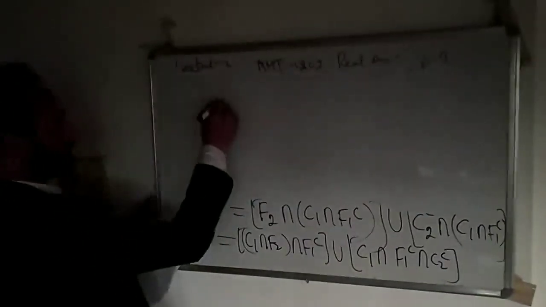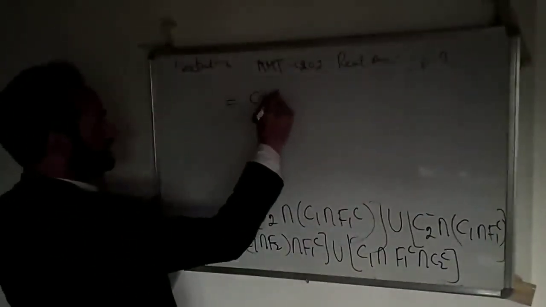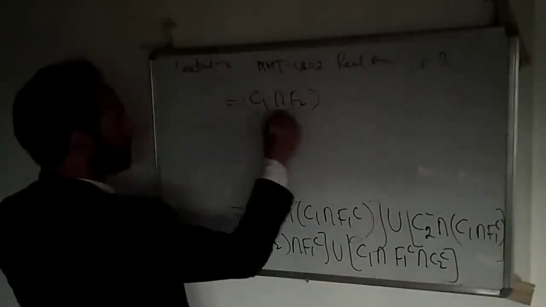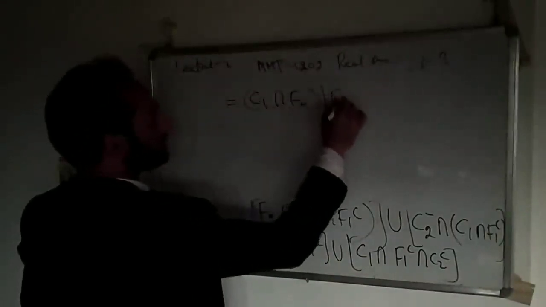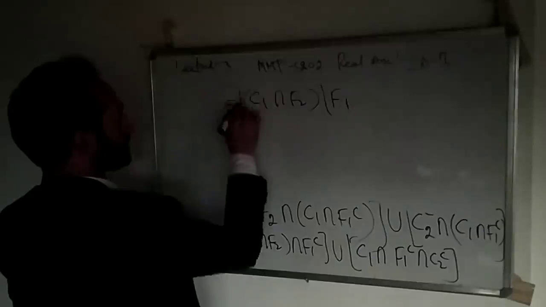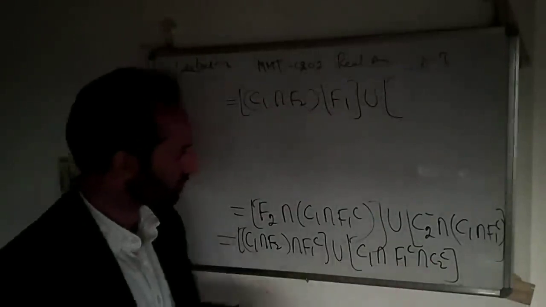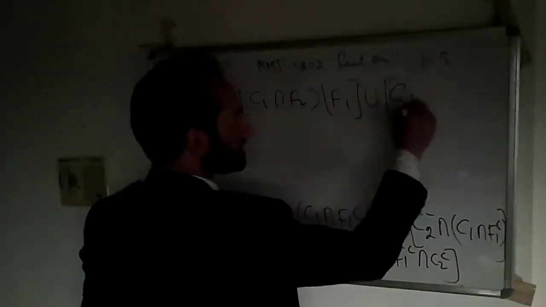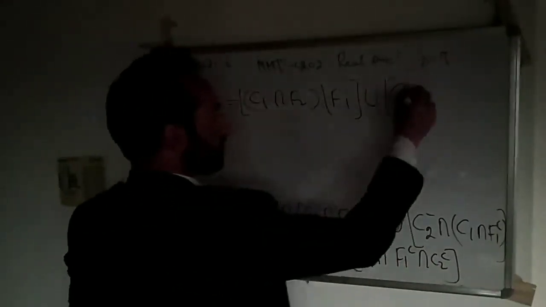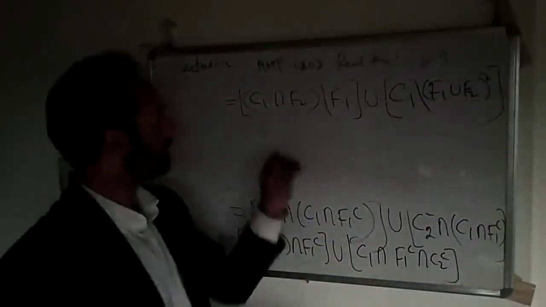That's equal to C1 intersection F2 minus F1, union, and here we can write it as F1 union F2 whole complement. Therefore this can be written as C1 minus (F1 union F2) whole complement.